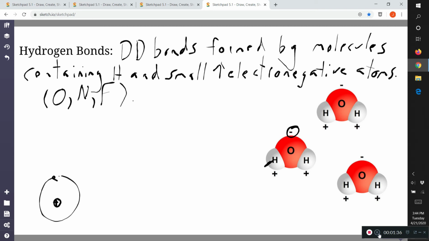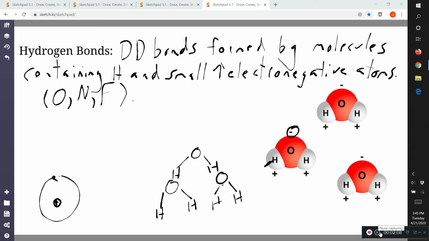So what happens is your H2Os, and we talked about this before, tend to form structures where the hydrogens are attracted to the oxygen ends. And this leads to a lot of the properties that water has, a lot of how it crystallizes when you make ice and things like that.